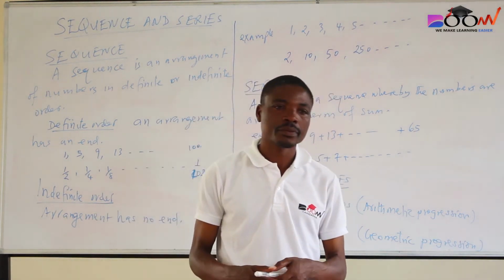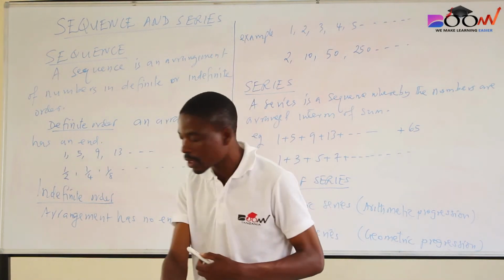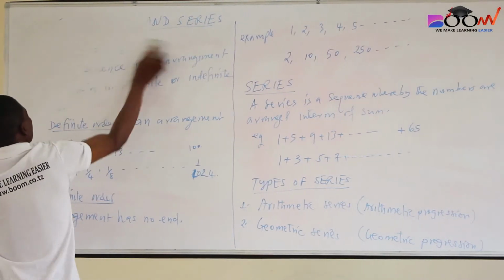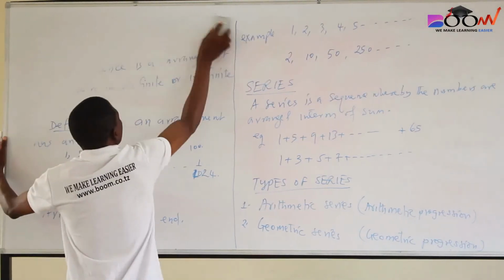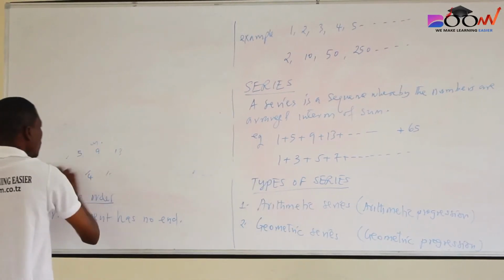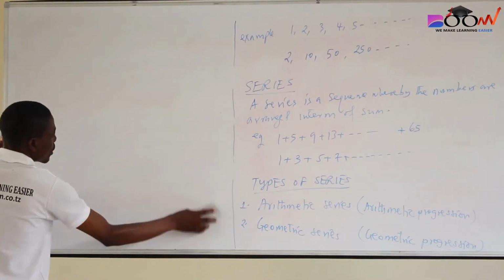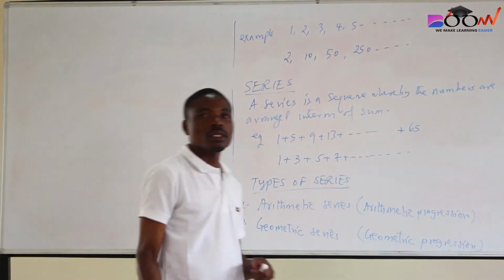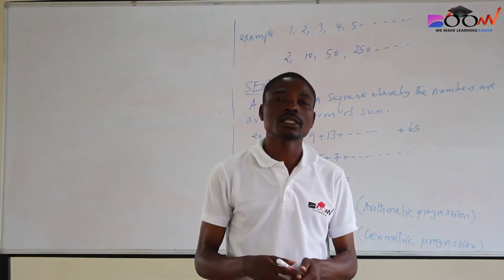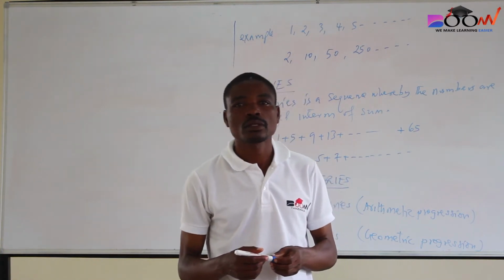How can these be determined? For the case of arithmetic progressions, the term after the first term is obtained by adding or subtracting a certain constant number called the common difference.